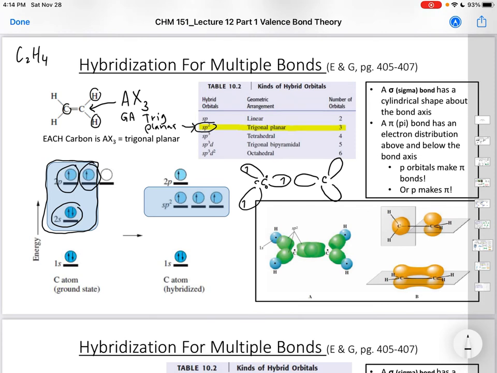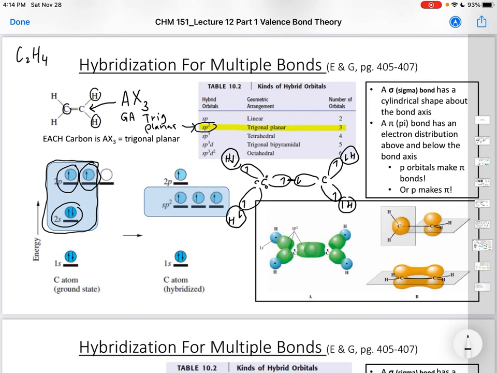I'm going to pair them up, and remember, if you're making a bond, it should be up then down. So this is a bond. This is 1 electron and 1 electron, right? Each carbon has 4 valence electrons, okay? And of course, your hydrogen will come in with its electron. I'm going to put it facing downwards since the other one is facing upwards. Okay, so it looks good so far.